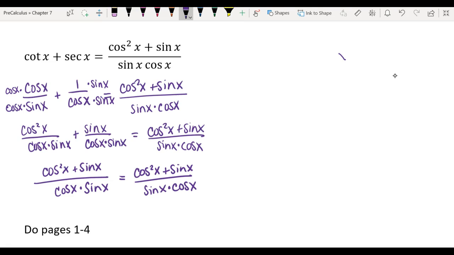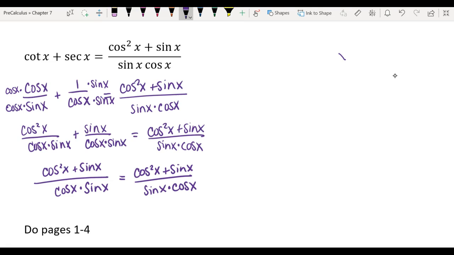All right, I just finished. Do you want to see? That's what I have. The first thing you do is change it to sine and cosine versions. Now that we have it in sine and cosine versions, we have to find common denominators. This one you have to times by cosine of x. This one you have to times by sine of x.